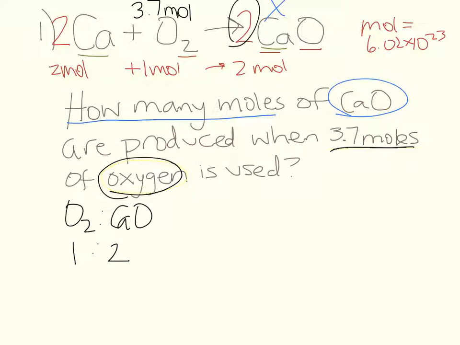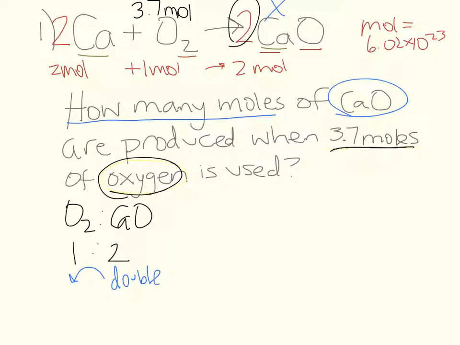What that means is that the calcium oxide is always double the amount of oxygen. However much oxygen we have, we can always make double the amount of calcium oxide. We have to just keep that in mind.